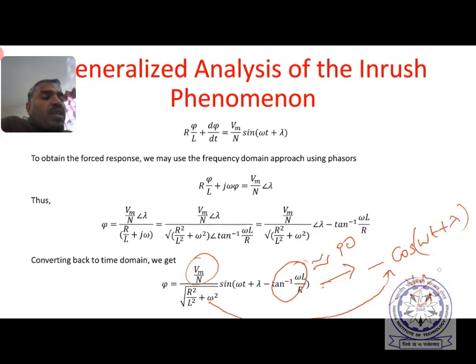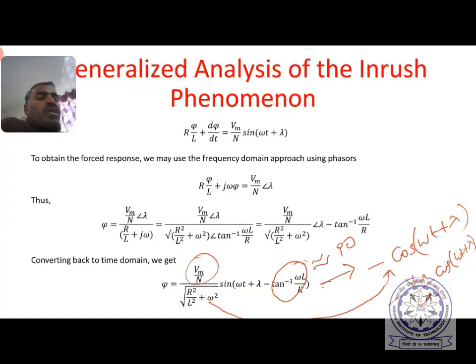So minus Vm by ωN cos ωt plus λ, or minus φ max cos ωt plus λ.